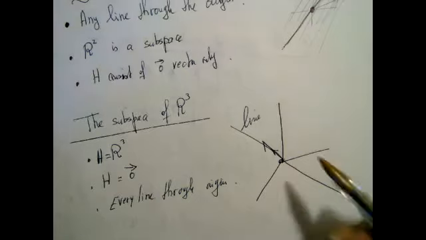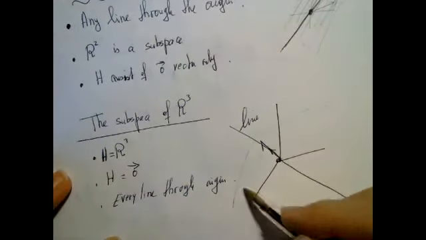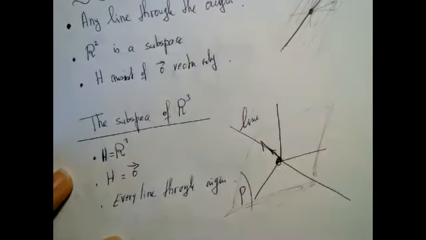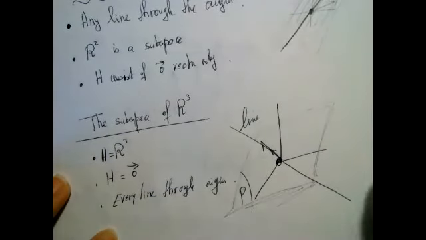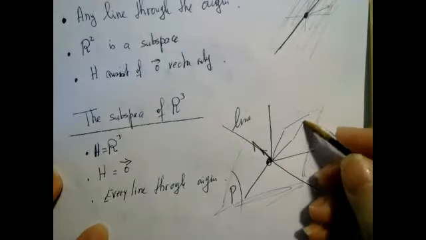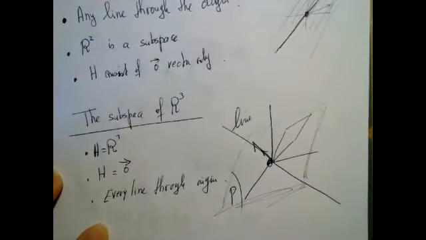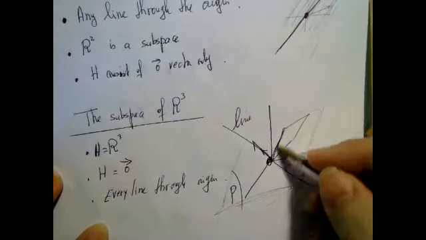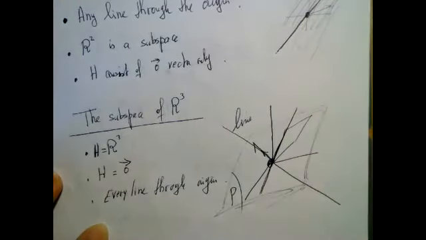A plane, absolutely. You take any plane in R3, as long as it goes through the origin, then take any vectors in it and add them. You never leave your plane. And if you have a vector and scale it, you never leave the plane. So every plane in R3.